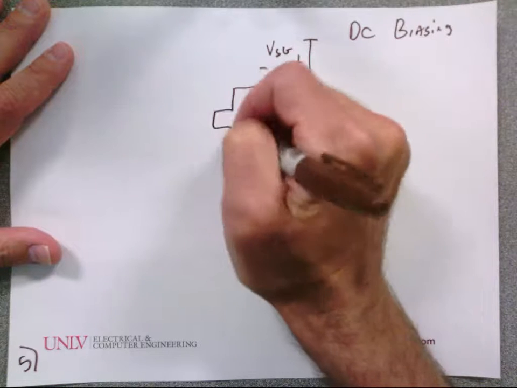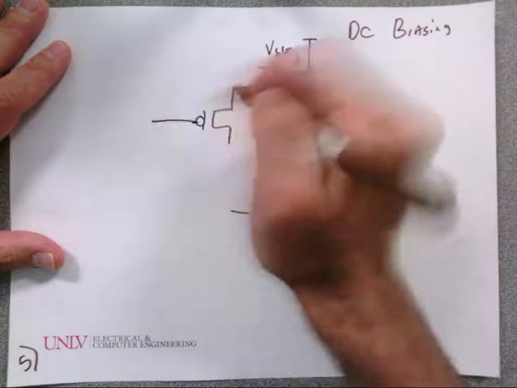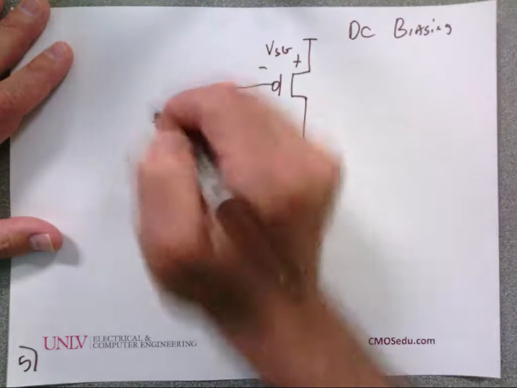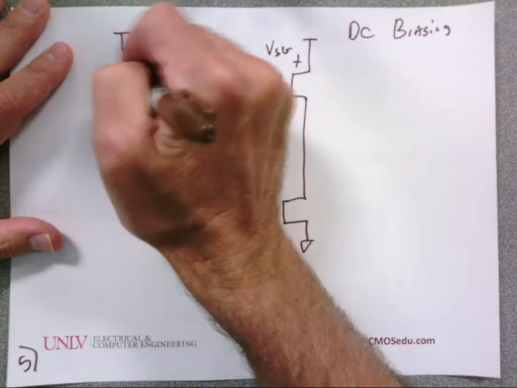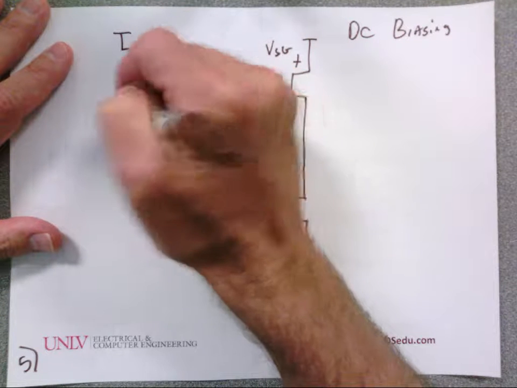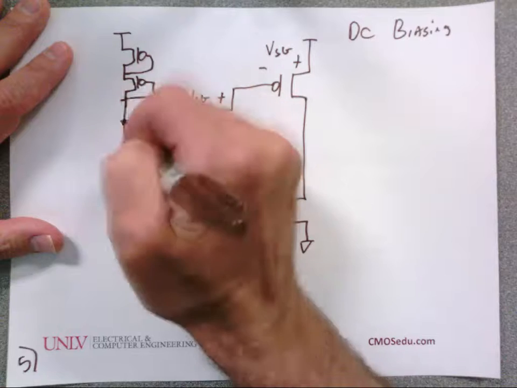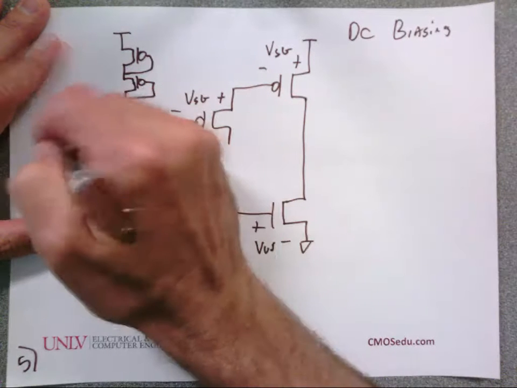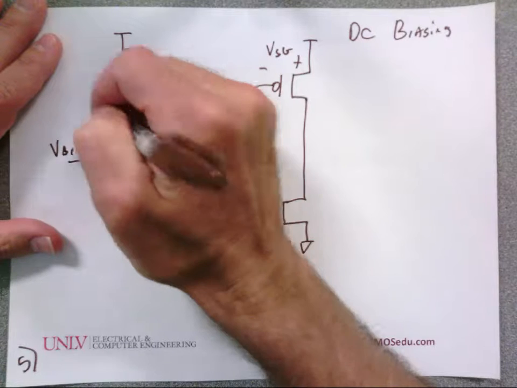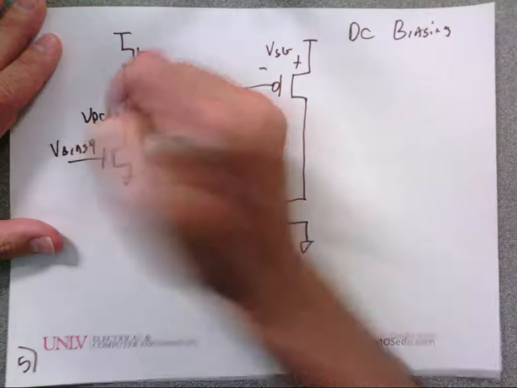I'm going to add a transistor here where I have plus minus VSG. So here, in my bias stick, which you've seen in chapter 20, and this will be called VPCAS.